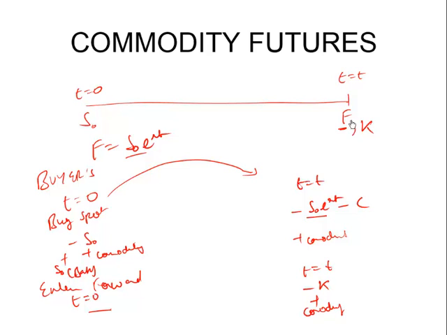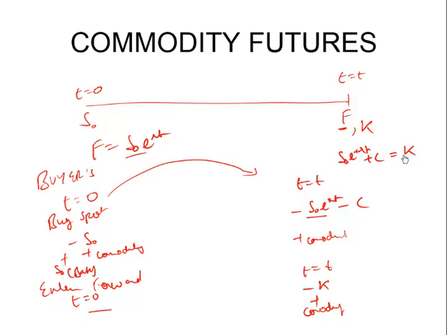Assuming the forward price is K, that's what he has to pay because he is long. In both cases, he is getting the commodity. In the first case, he has to pay the price of S0 e raised to power RT plus the storage cost, and in the forward, he just has to pay K.